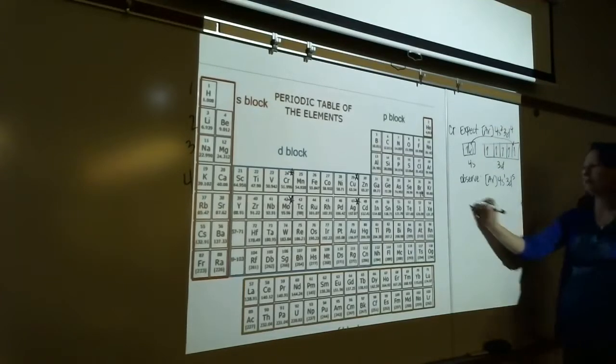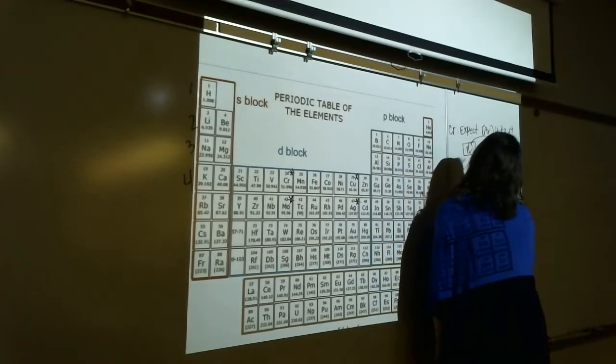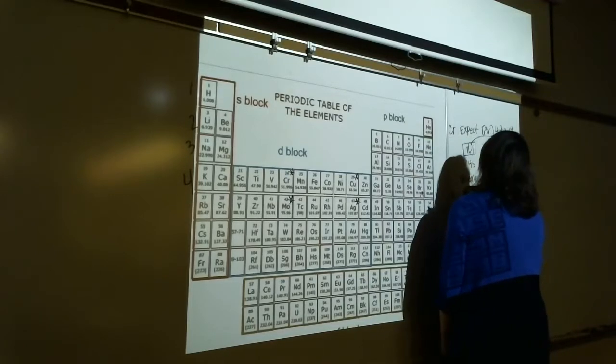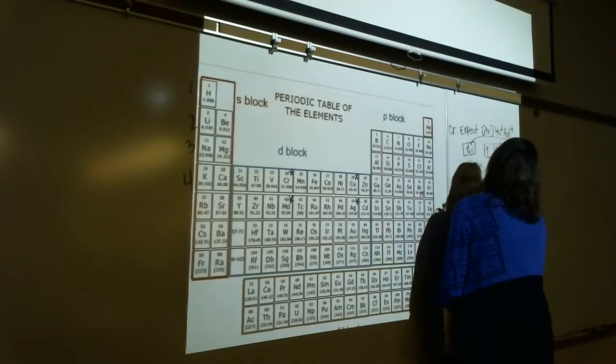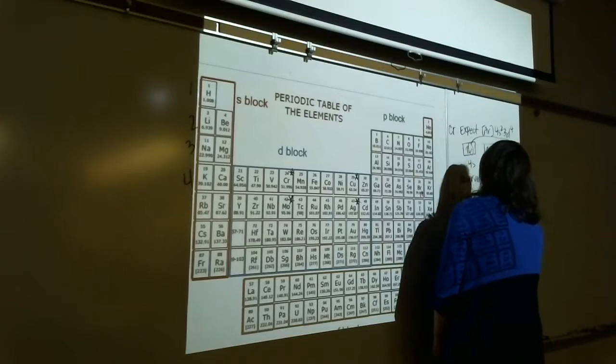What's the reason? From a quantum mechanical standpoint, it's more stable to have the D block half filled.